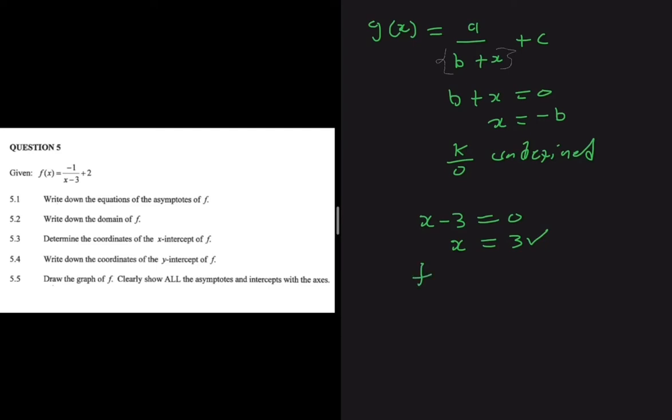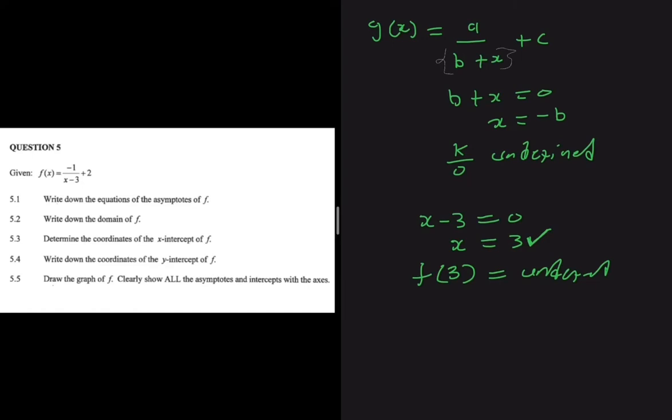Like I said, if you substitute 3 into f of x, you're going to get undefined, so you won't get the corresponding y value. What you can do is substitute a number that is very close to 3, our x coordinate for the asymptote.